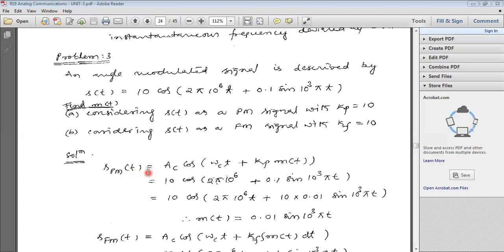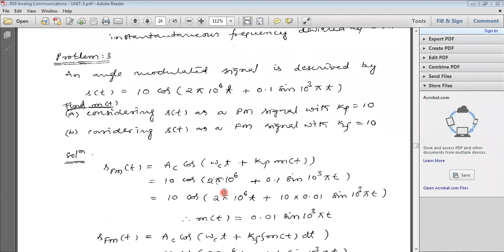Already you know the fundamental representation for a phase modulated signal. What is that? Ac cos omega c t plus kp into m of t. So this is the phase modulated signal.